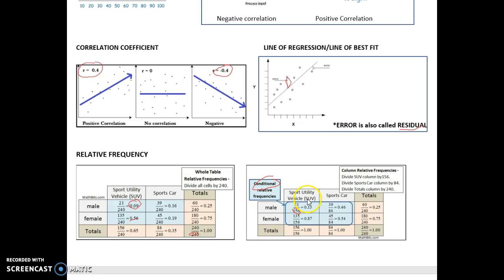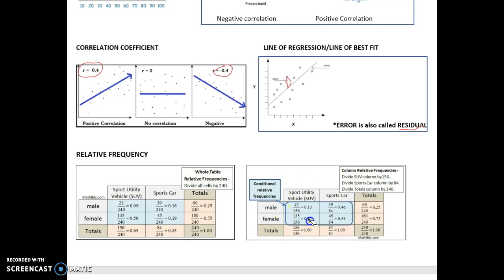These are conditional because you're only dealing with either a column or a row total, not the whole thing, such as over here. So be cautious with the wording if it says relative frequency or conditional relative frequency.